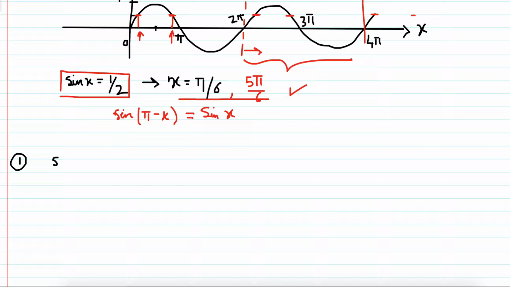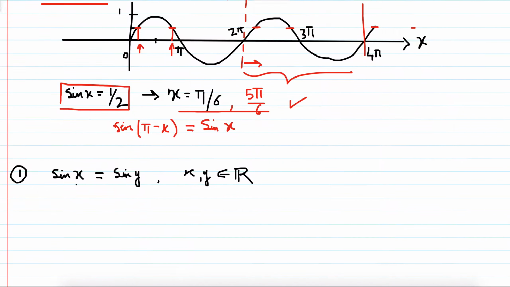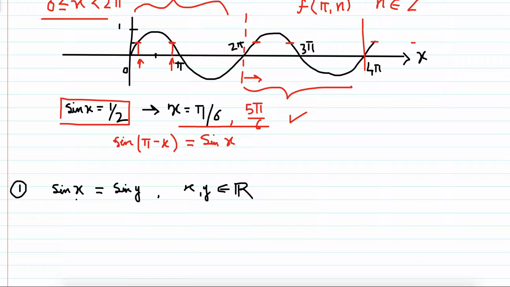So first is that if sin x is equal to sin y, where x, y are real numbers. So if we are given two real numbers x and y and sin x is equal to sin y, then we have to find the relation between x and y.